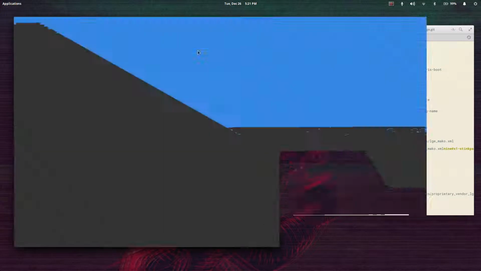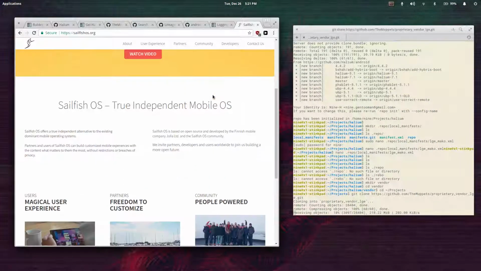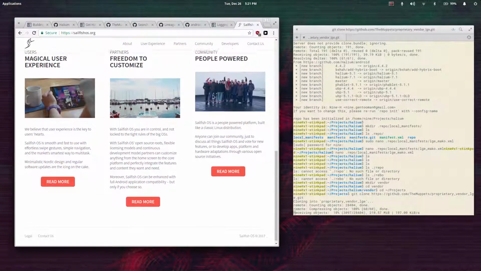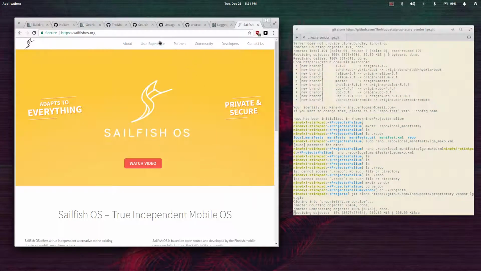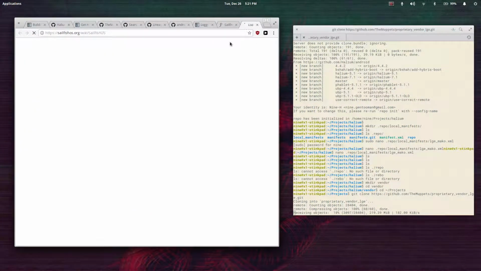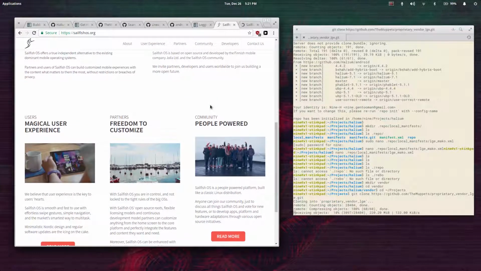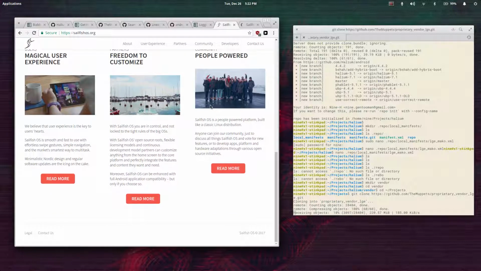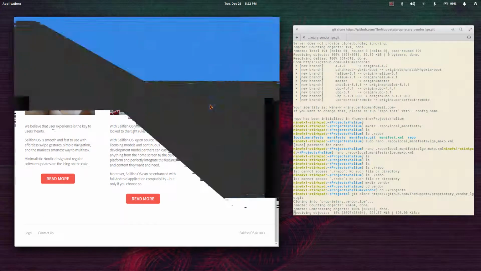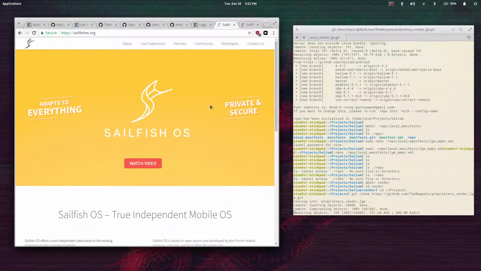And it seemed like a pain in the ass to get their distro because it's not really developed in the open. But on the other hand, it's butter smooth, even on old handsets like the Nexus 4.